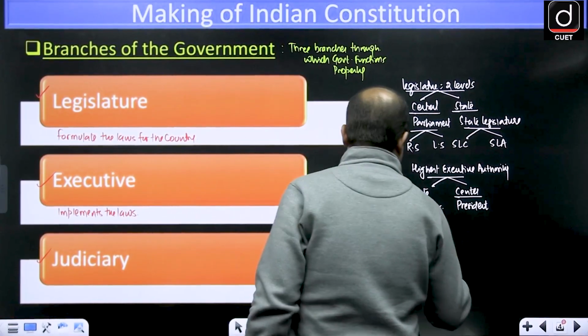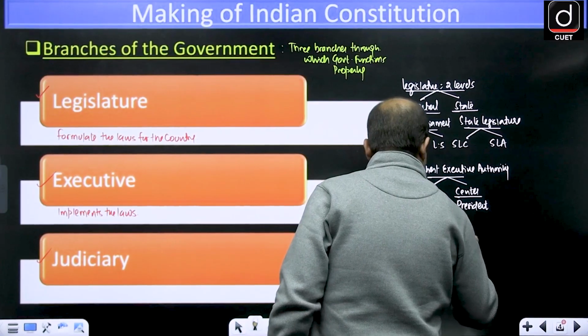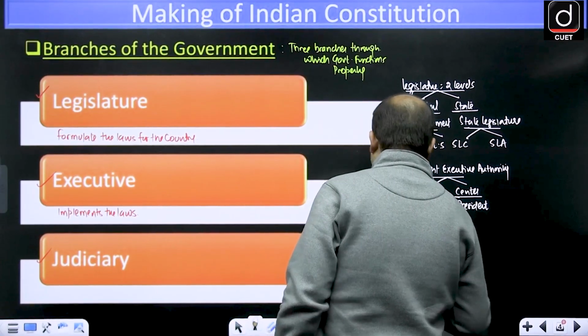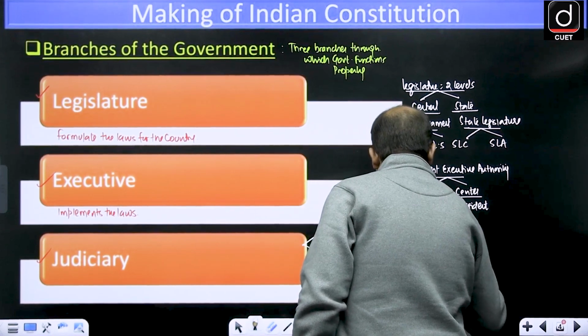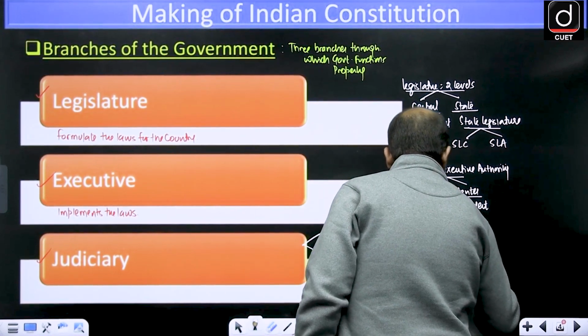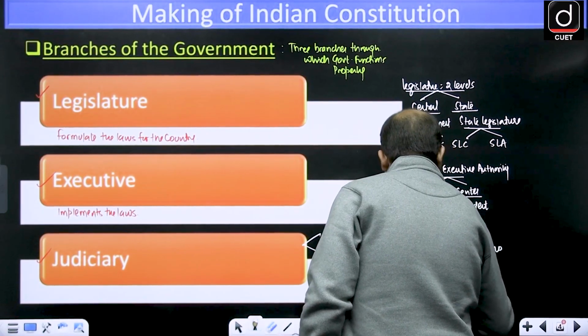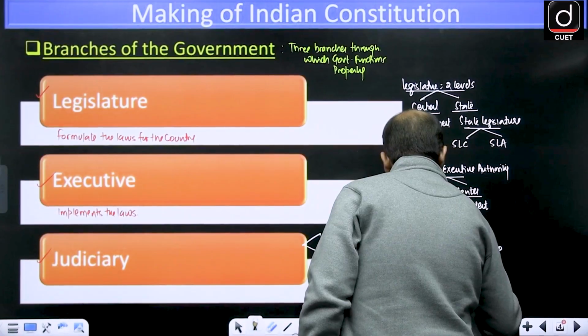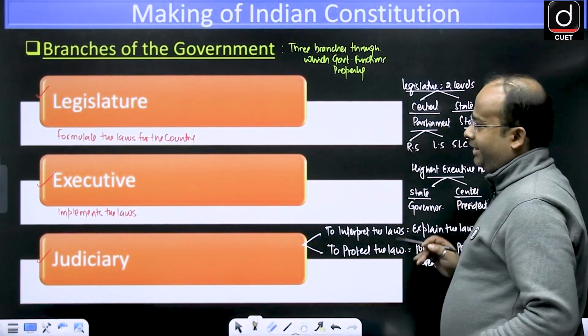What is the meaning of interpreting the law? That means to explain the law. And what is the meaning of protecting the law? That means to punish the person who breaks the law.